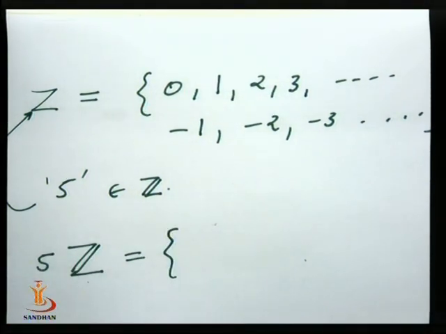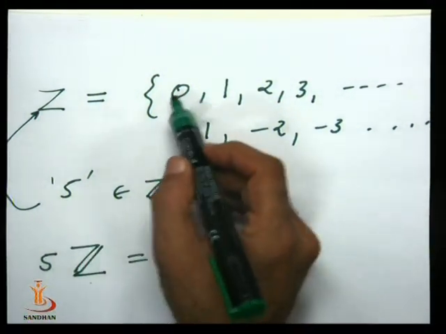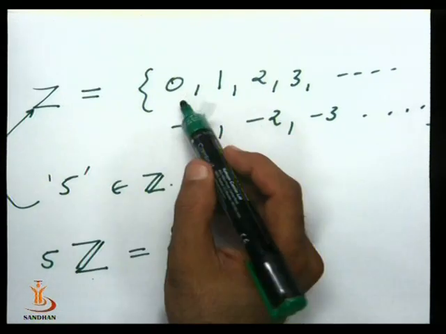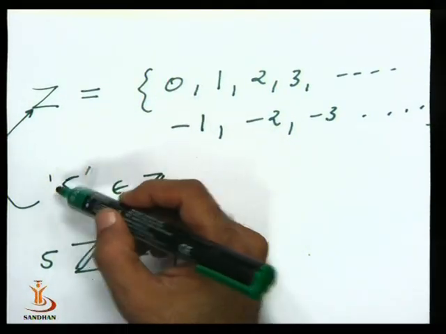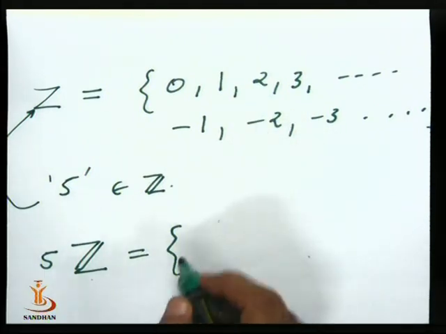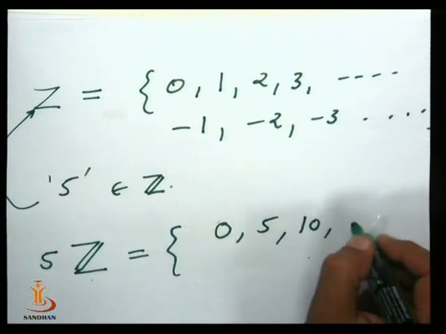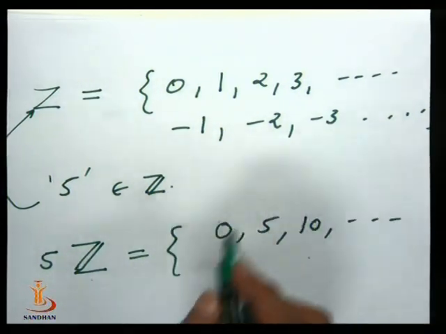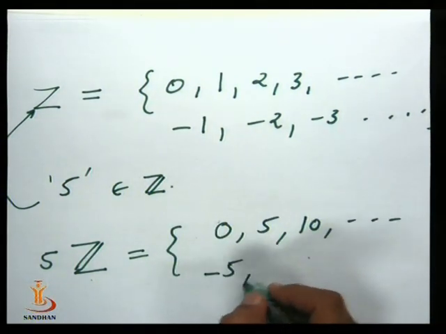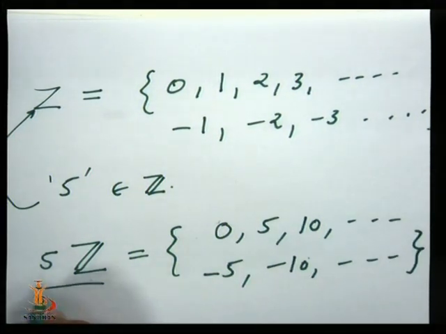Let us see what we have in this 5Z. This 5 is multiplied to all elements. So if 5 is multiplied to 0, we'll have 0. If 5 is multiplied to 1, we'll have 5. 5 multiplied to 2, we'll have 10. So it is 0, 5, 10 and so on. And of course multiplying with negative integers, -5, -10 and so on. So this is called 5Z.